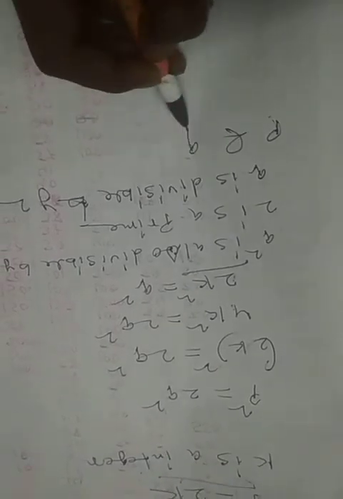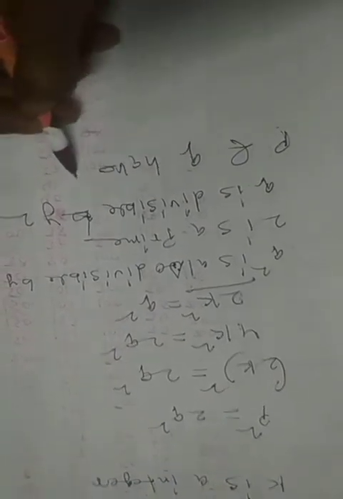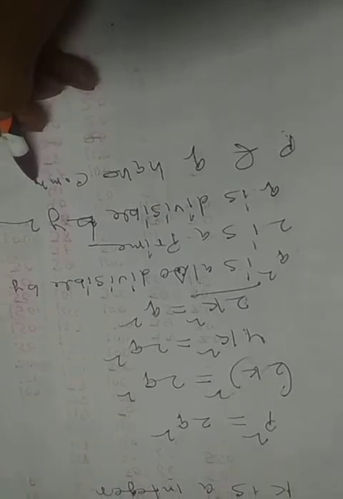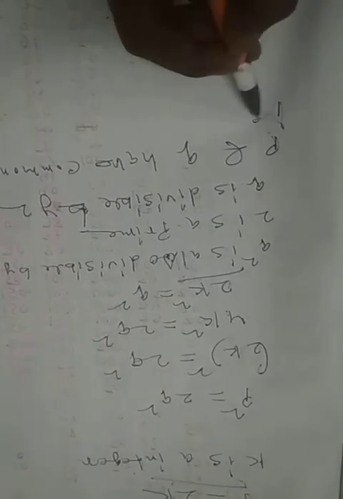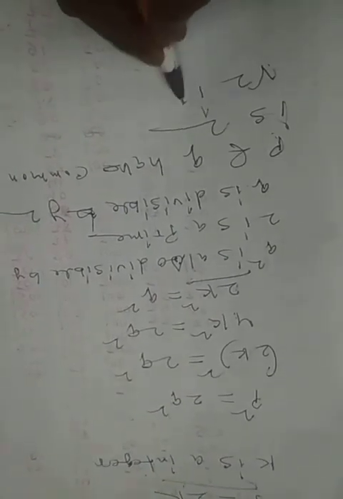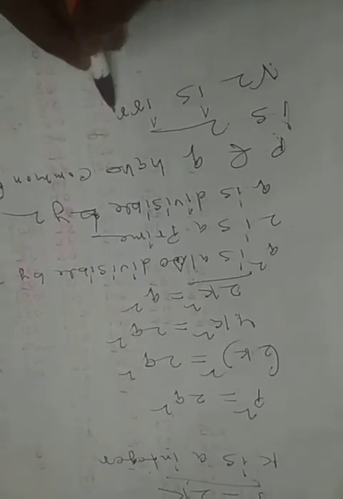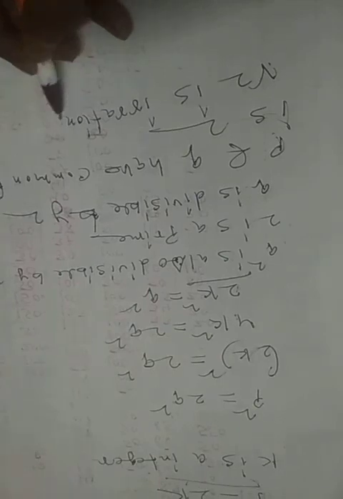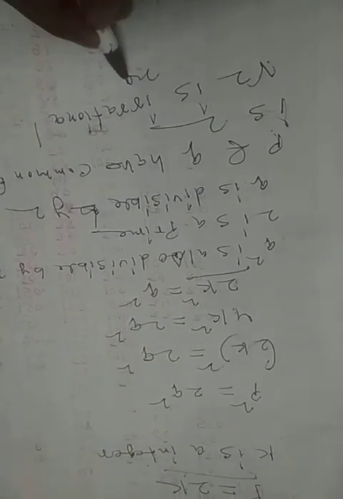So p and q have a common factor, that is 2. So I can say root 2 is an irrational number. So that part is clear, I think.